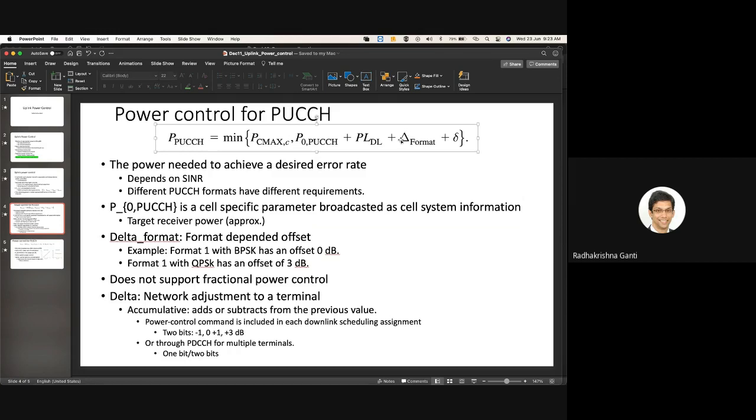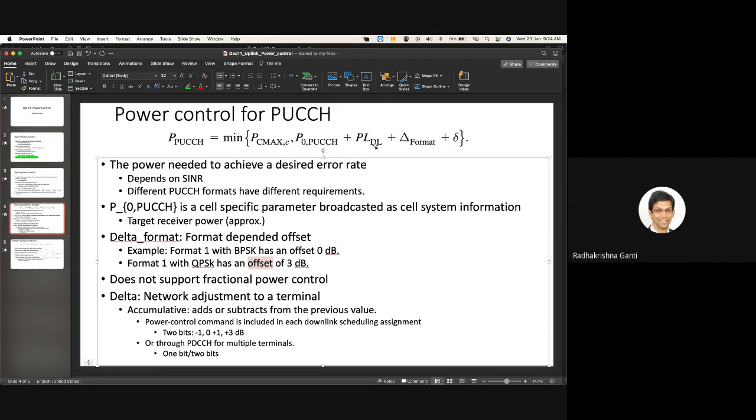P0 PUCCH is transmitted in the RRC parameters. Delta format, you will know anyway, because you know what format you are sending, so you can apply that correction factor in the uplink. PLDL is the path loss in the downlink.